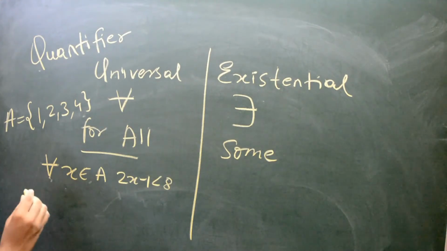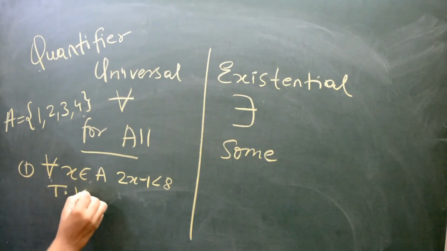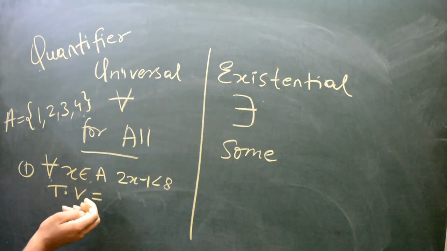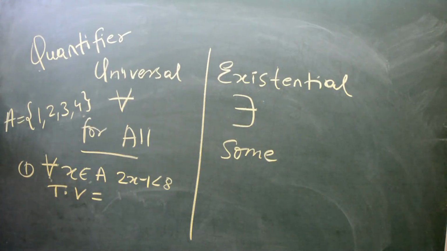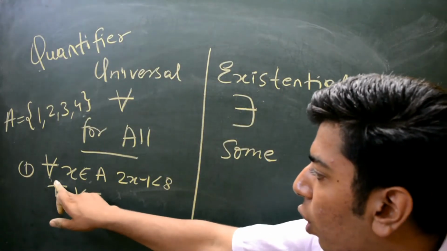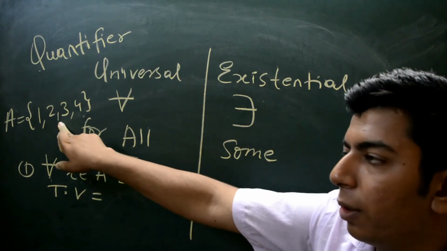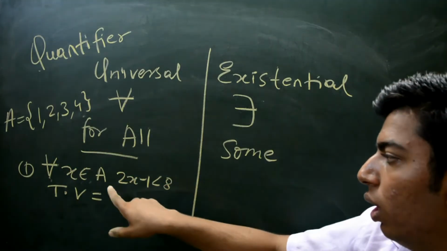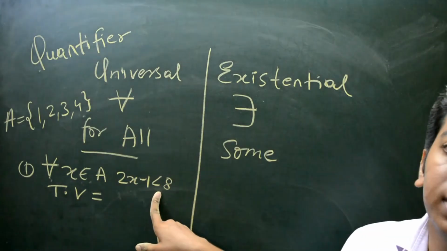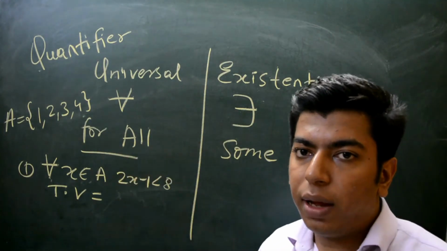You have to find out the truth value of this statement. This means that for all x belongs to A, this set 1 2 3 4, this condition should be satisfied. So we will put the values in one by one.